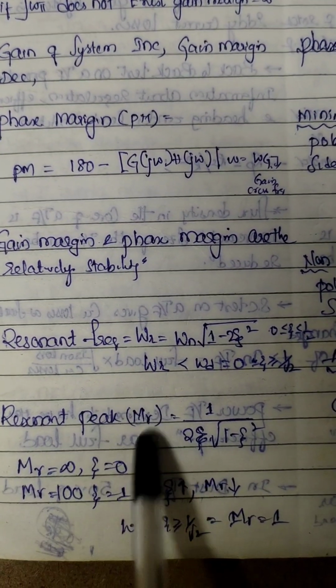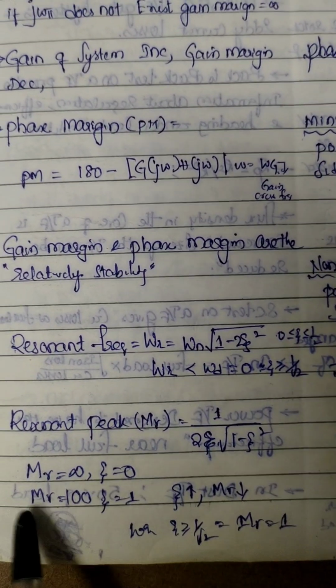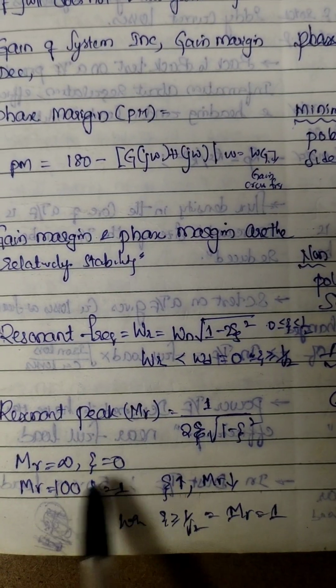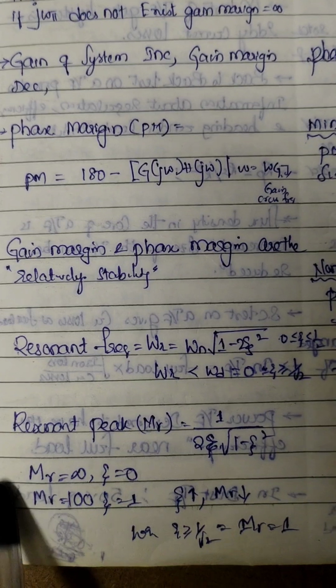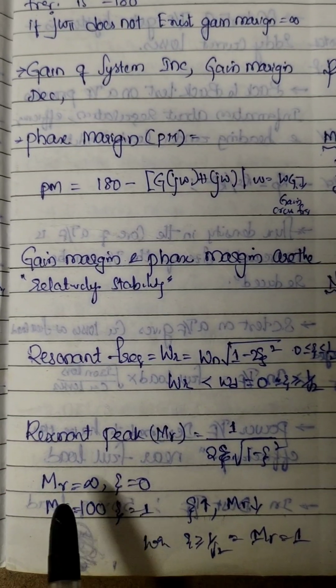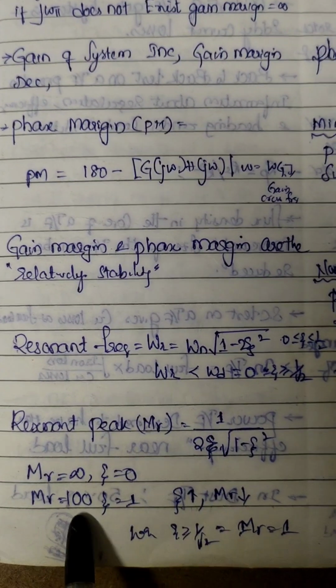When the resonant peak is infinity, zeta is equal to 0. When the resonant peak is 1, zeta is greater than or equal to 1 by root 2. These are the most important ones, which are asked in different competitive exams.